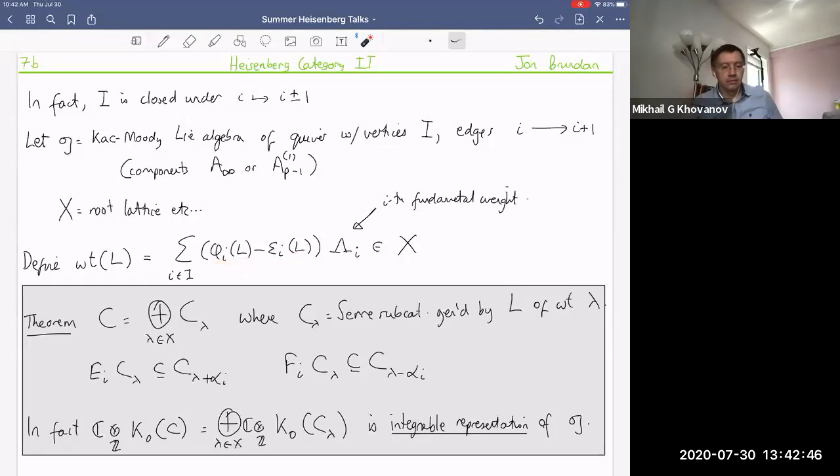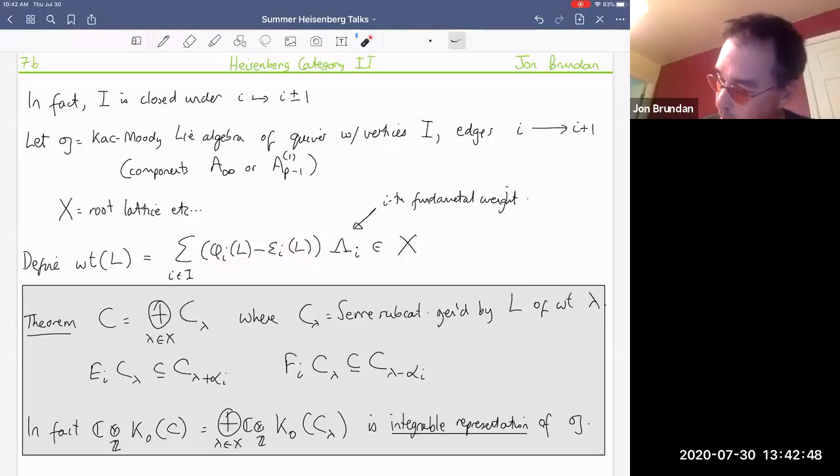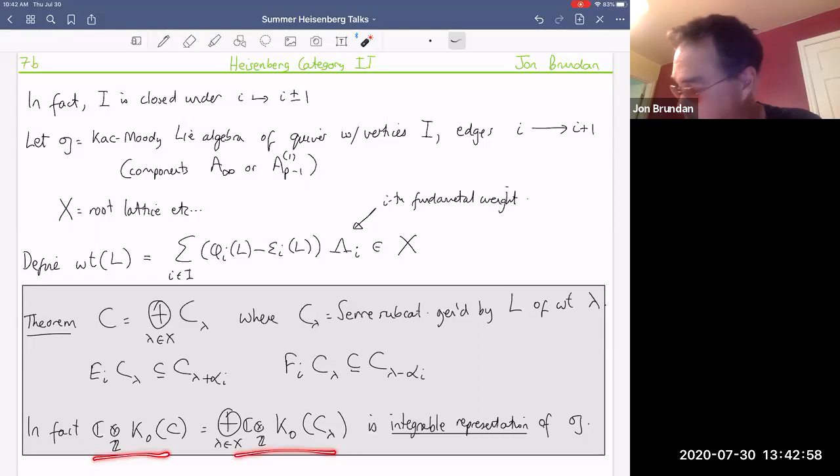Okay, so is that all okay? In fact, if you look at the Grothendieck group of the category C and you complexify, we've got this decomposition of C into blocks. Of course, the Grothendieck group decomposes correspondingly into blocks. They give the weight spaces, and these E_i's and F_i's, when you pass to the Grothendieck group, give you an action of the Lie algebra G on that complexified Grothendieck group. And these are exactly the weight spaces, just as the notation suggests.